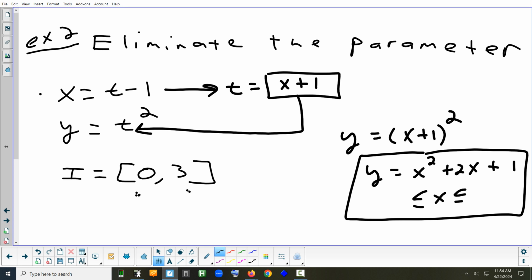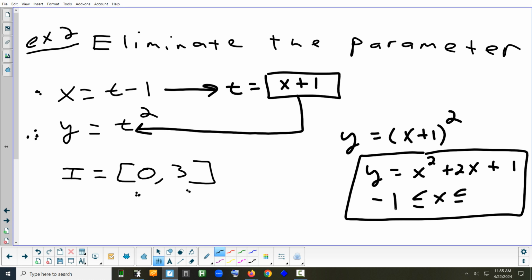And which formula controls what happens to the x values? The top one. So we're not even going to use the bottom one. We can forget about that. Let's plug 0 in for t. If you plug 0 in for t in the x one, what do you get? -1. Okay, so that's where we're going to start.